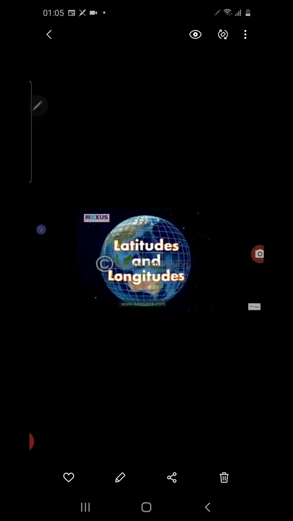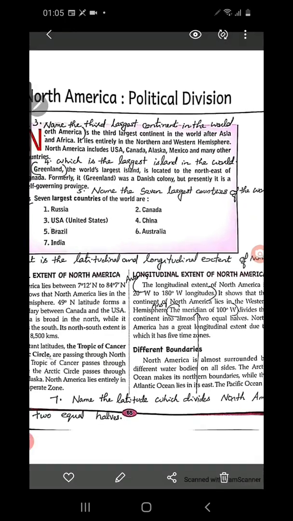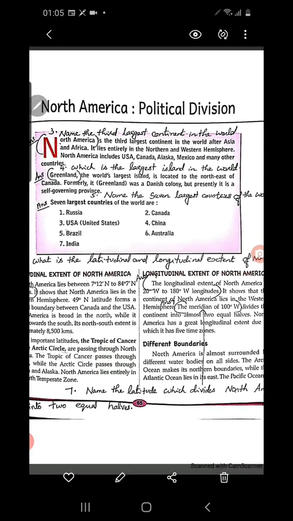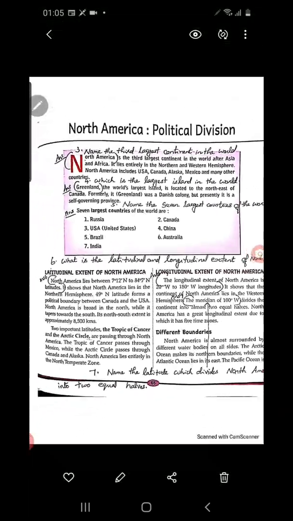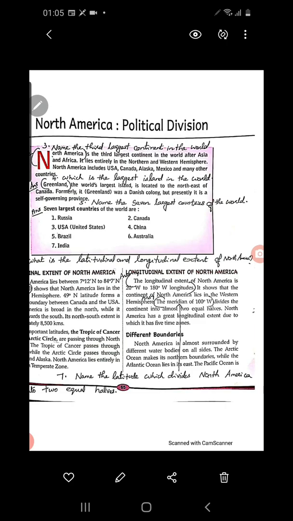Now let us focus on the page which we need to discuss. Here you see, so North America. So the meridian of 100 degree. The question is what? So we understood the answer. What is the latitudinal and longitudinal extent of North America? Already we have discussed that.